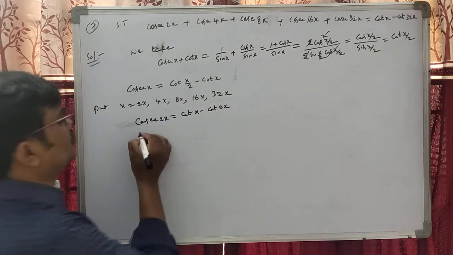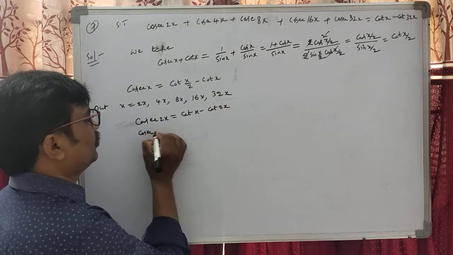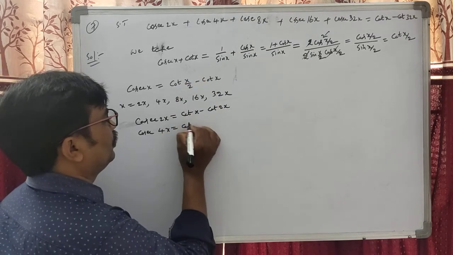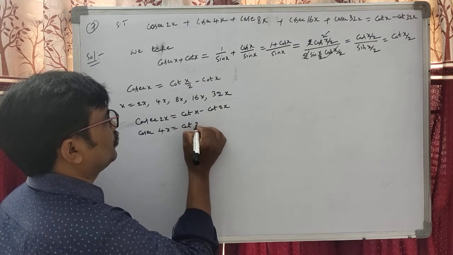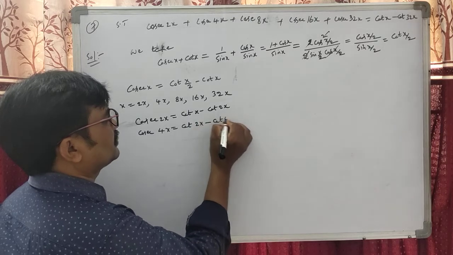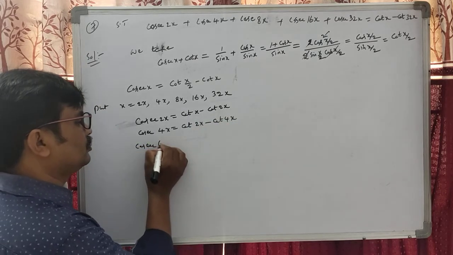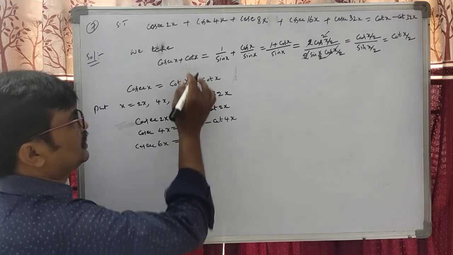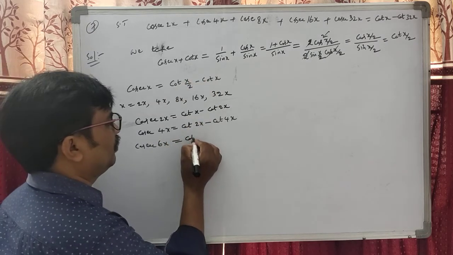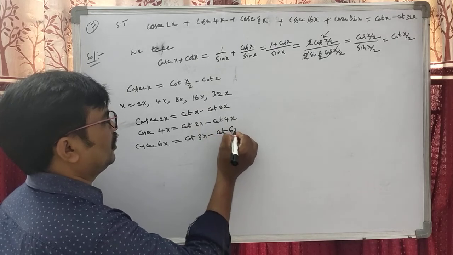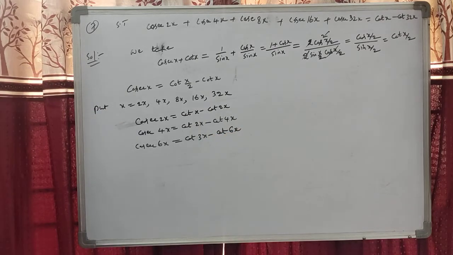Now on both sides we take 4x, that is 4x by 2, that is 2x minus cot of 4x. Then cosecant of 6x, 6x by 2 is 3x, cot of 6x. Do you understand, students?